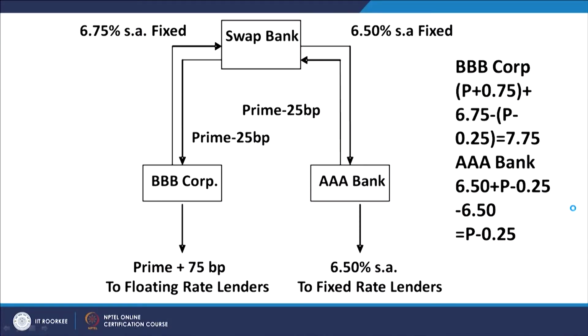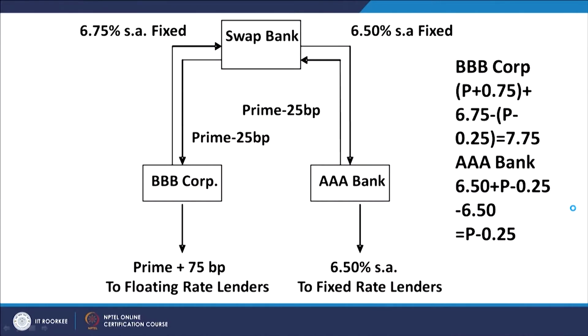Now, it also pays 6.75% fixed to the swap bank. Now, the swap bank, what does it do? It takes a cut of 0.25% from this fixed rate and passes on 6.50% to the AA bank. Now, remember, AA bank had taken the loan at fixed rate, and it is getting a fixed rate stream of the same interest rate from the swap bank. So, these two streams cancel out.